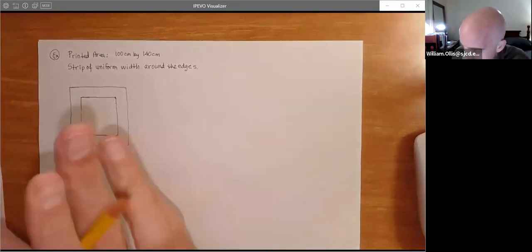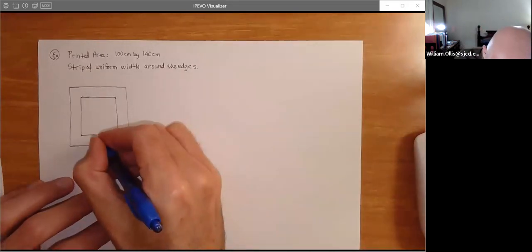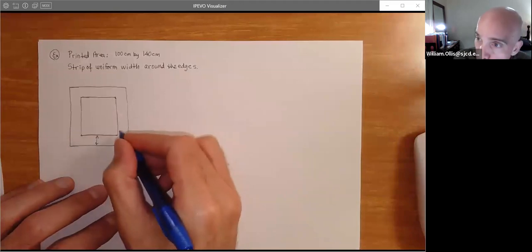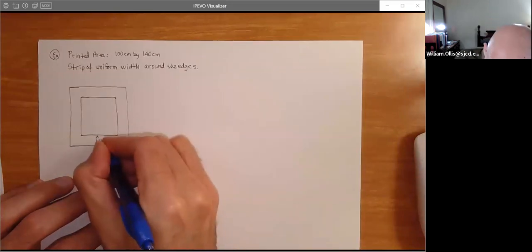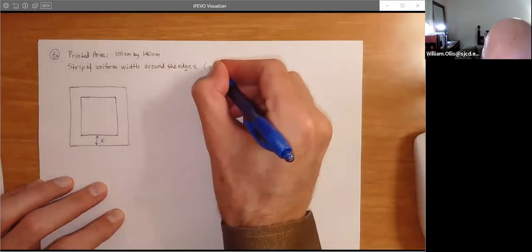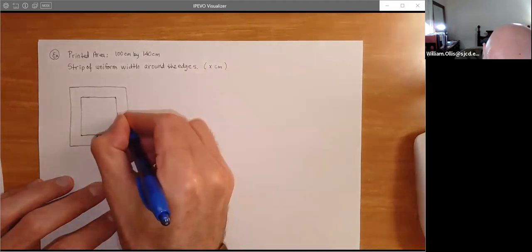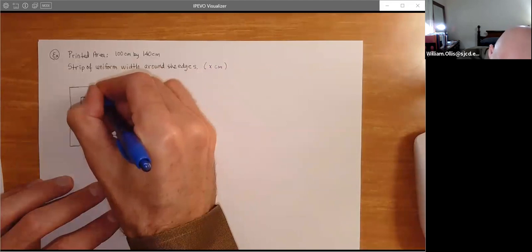So we have this printed area. First, the problem gives just a uniform strip dimension. We'll just call that X, so I'll say X centimeters. And we have X here, uniform all around.